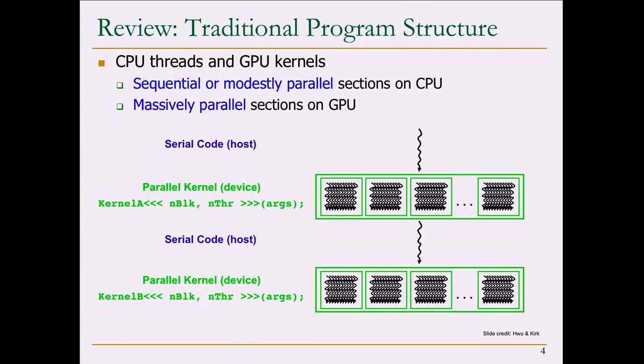Remember also that here you can see the kernel launch. In this kernel launch, we can see the execution configuration, meaning the number of thread blocks that we are going to use and the number of threads within each thread block. Remember also that the whole set of thread blocks that we launch onto the GPU is called the grid. So in this part of the slide, you see a grid of blocks of threads that executes some particular code called a kernel onto the GPU.